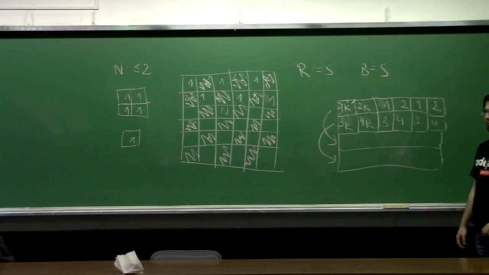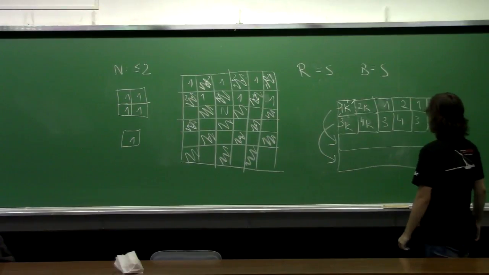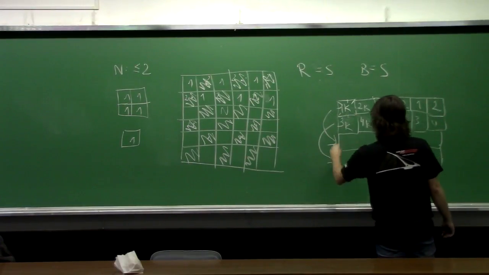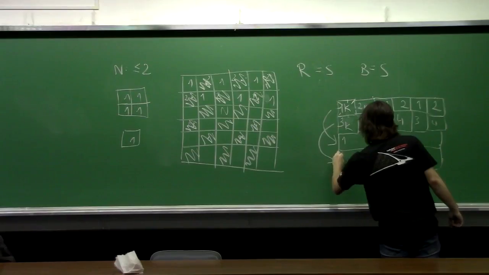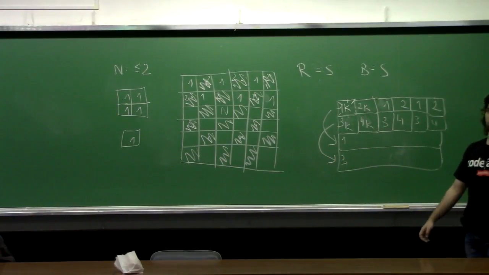The 4th row should be the same as the second row, and so on.